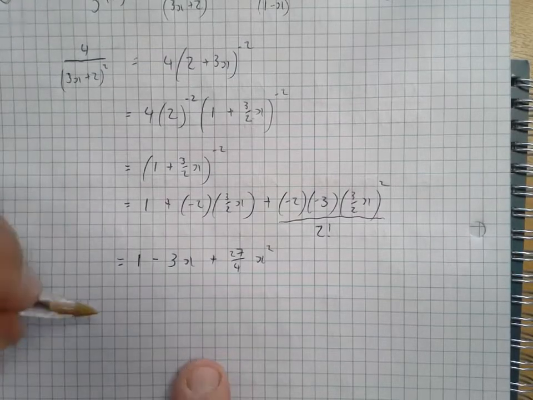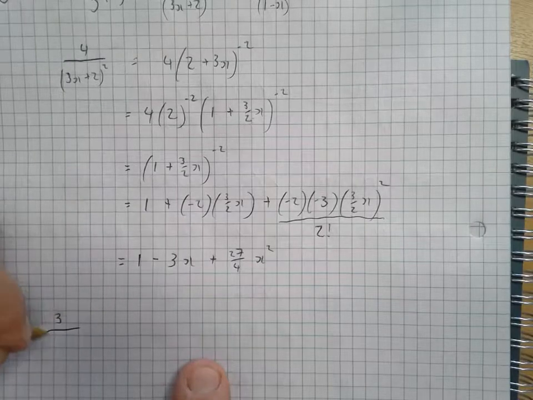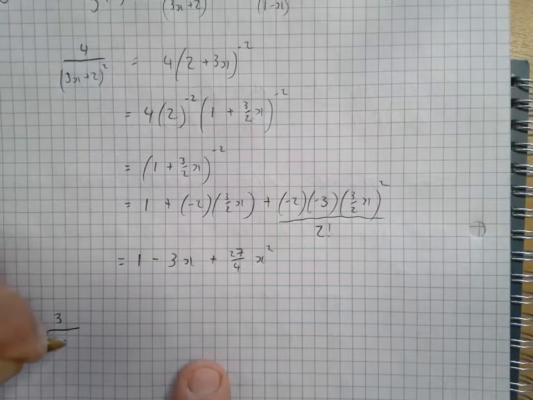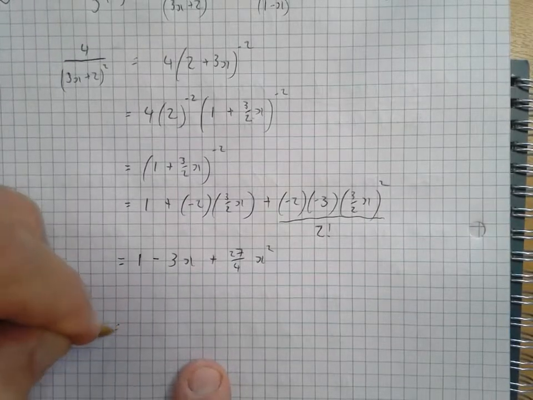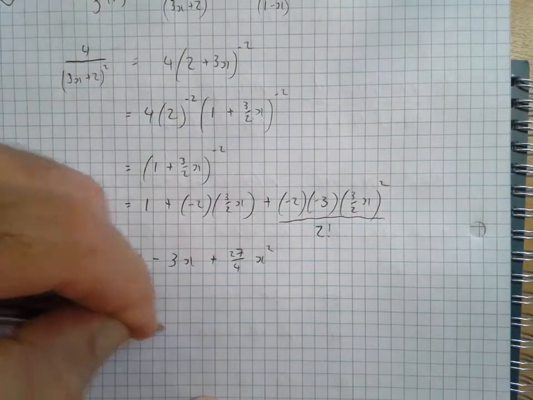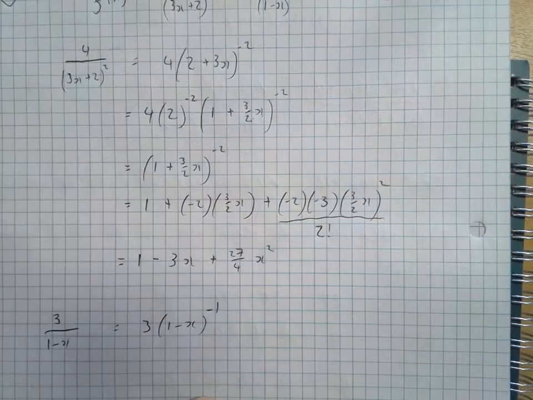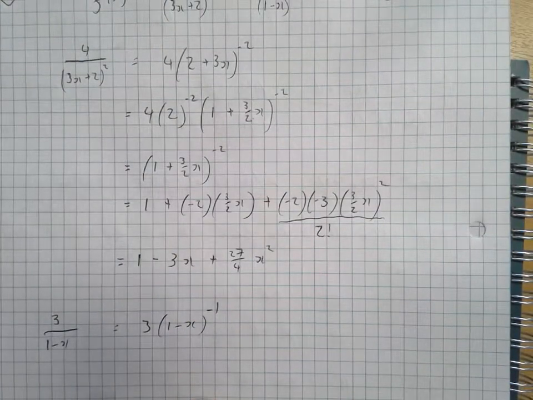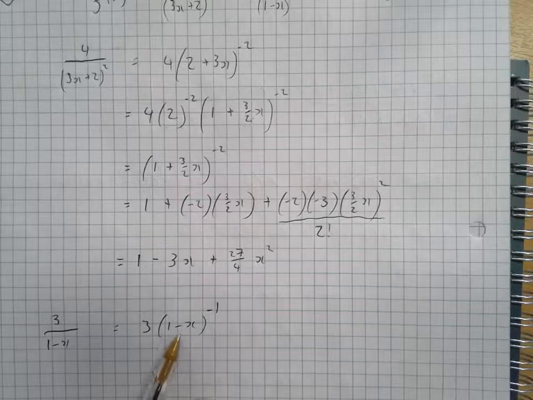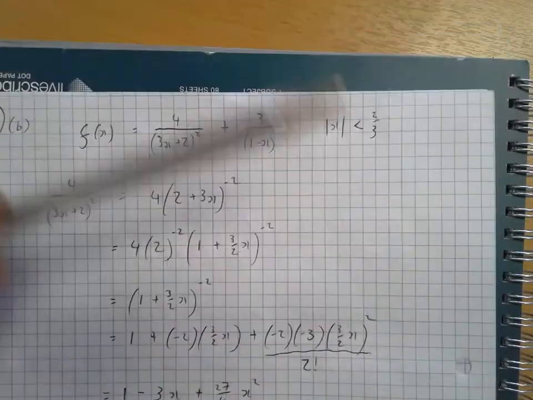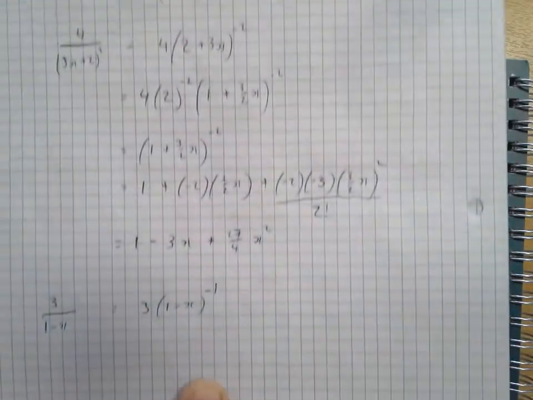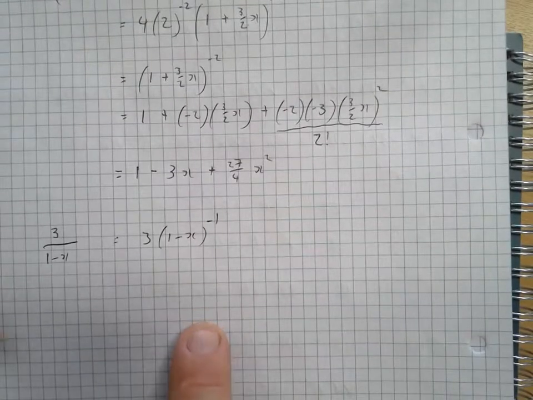The next one we're going to look at is 3 over 1 minus x, which equals 3 times (1 minus x) to the minus 1. Now that is already in a form, especially using that modulus restriction we've got, we can do the second expansion of the binomial with that.